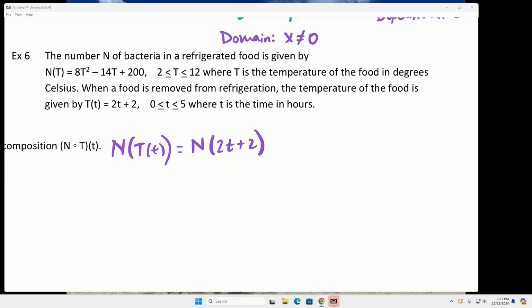So I am going to multiply by 8, and then whatever I'm plugging in for T, I'm going to square it. Then I'm going to do minus 14 times whatever I'm plugging in for T, and then plus 200.